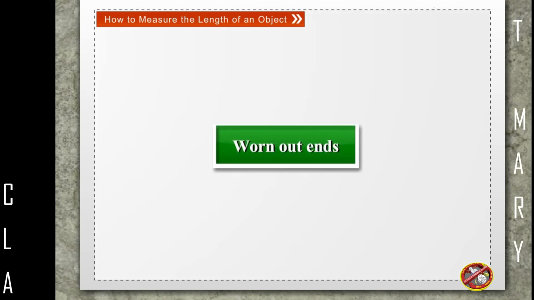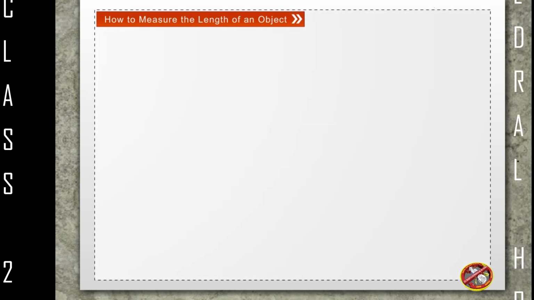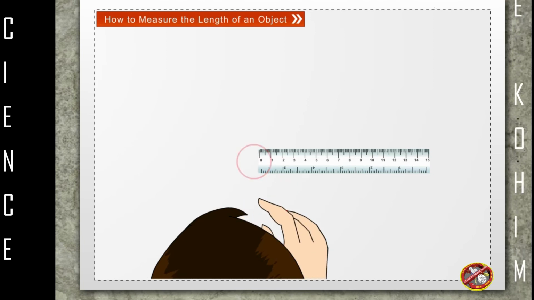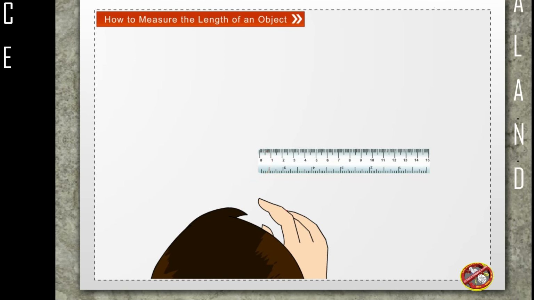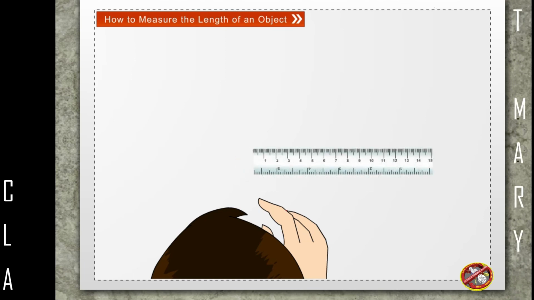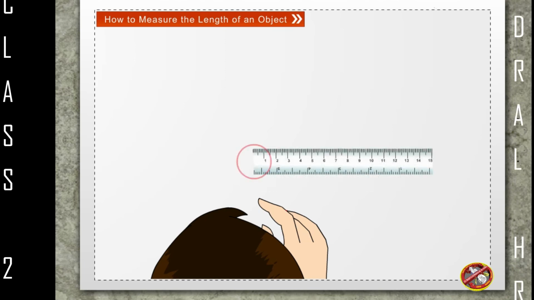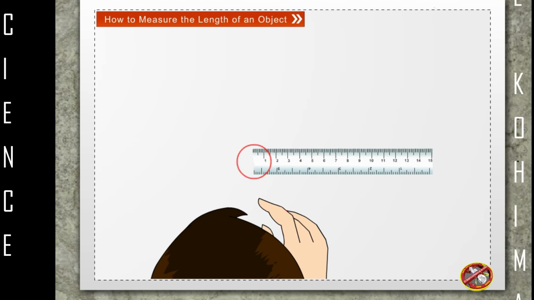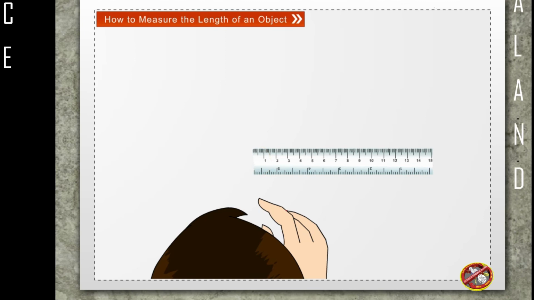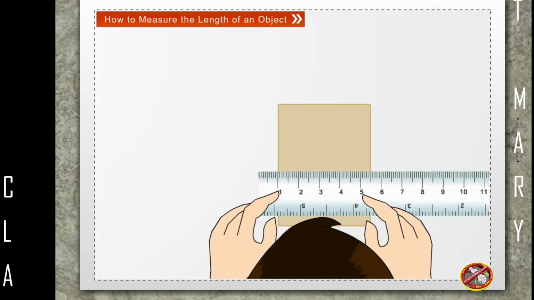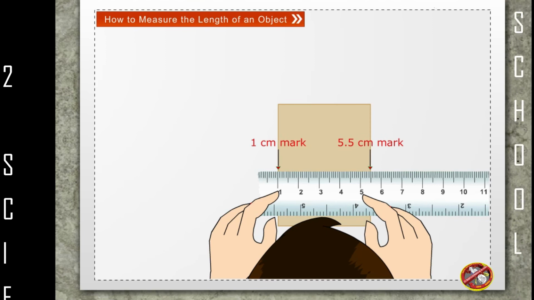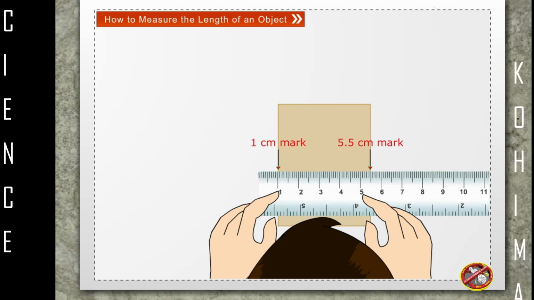Worn out ends. Sometimes, due to repeated use, the zero mark of a scale gets worn out and cannot be clearly seen. In some cases, the left end of the scale may get damaged or broken due to various reasons. In such cases, we should measure the length of the object starting from any other mark of the scale, say the 1 centimeter mark.